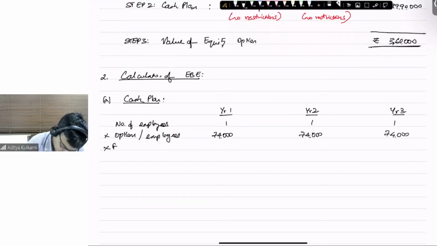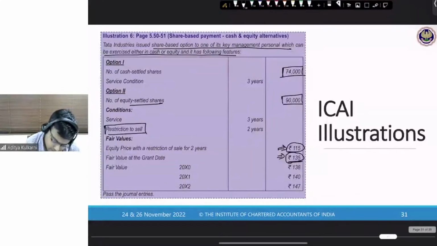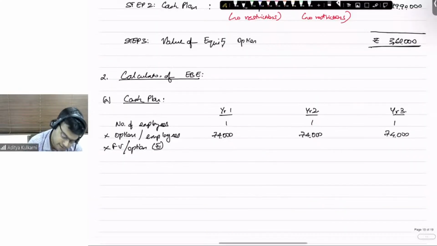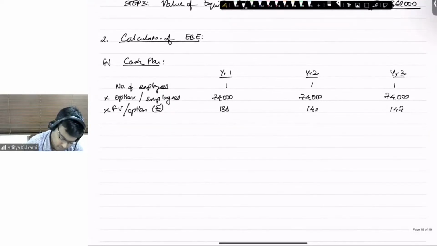Into fair value per option. Sir, this is a SAR, so the fair value will change: 138, 140, 147. So do the multiplication.